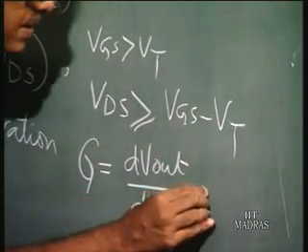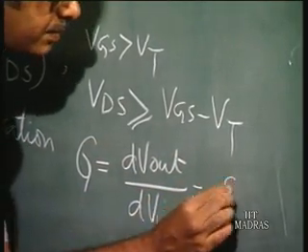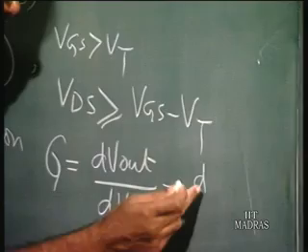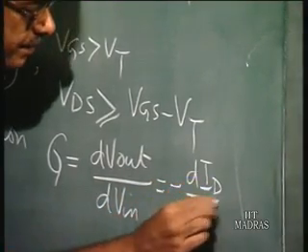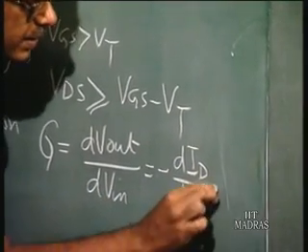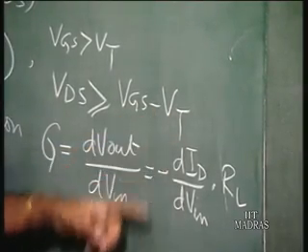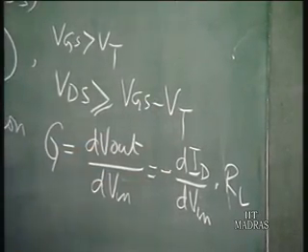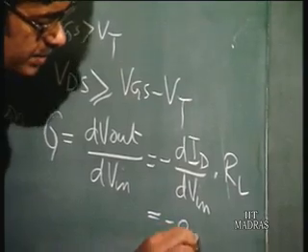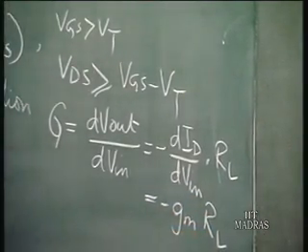So what you get is minus dID by dV in into RL. And what is this dID by dV in? It is GM. So it is equal to minus GM into RL.